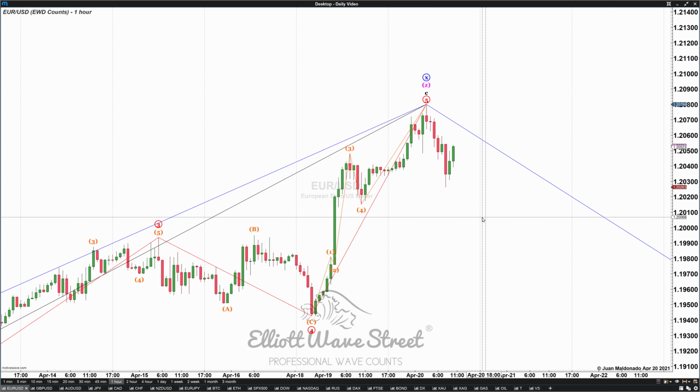It's going to be tricky. The institutional guys are going to try to create as many traps as they can. Imagine all the people that are already short here with the stop loss here. That's a fantastic thing for the institutional guys. This is the bait, and a lot of traders already are in the short trade.